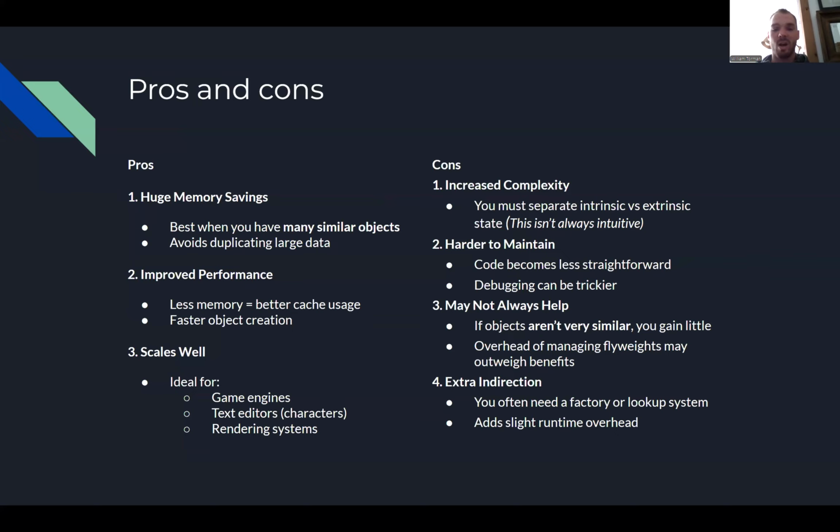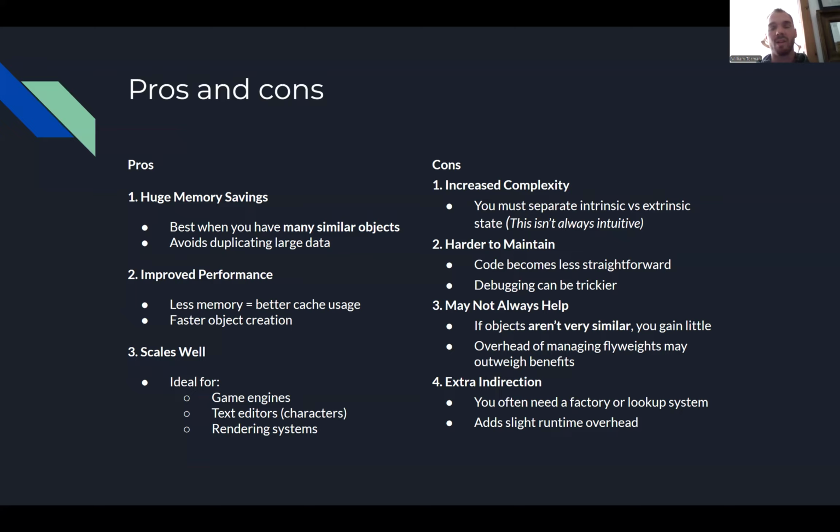And it's honestly not always the most helpful design pattern. It won't always make everything more efficient. This adds an extra indirection, so you often need a factory or a lookup system, and this adds overhead to the entire system. However, that said, with the pros, there's a huge memory saving.